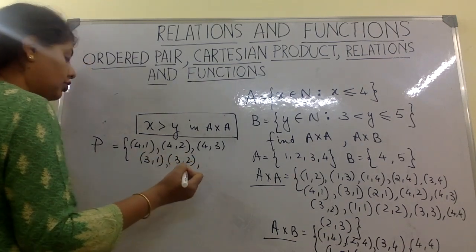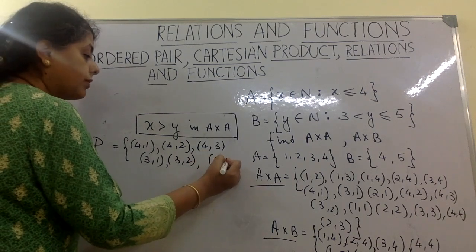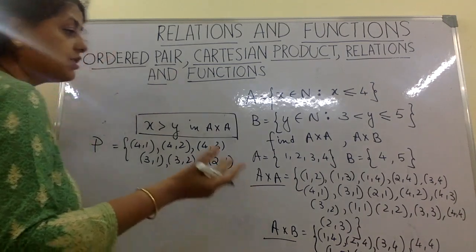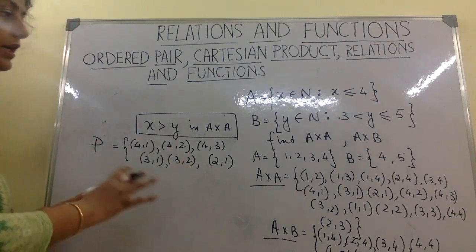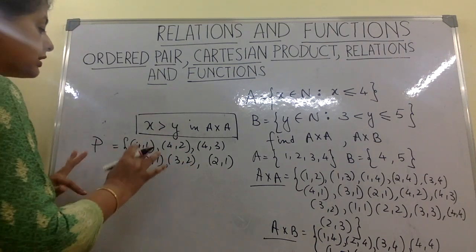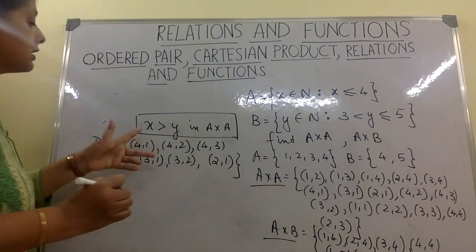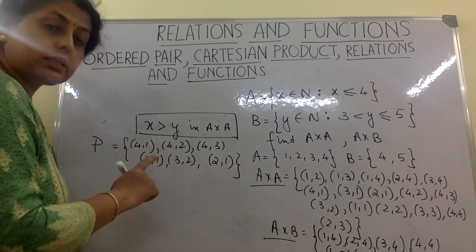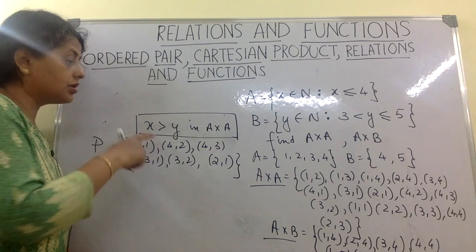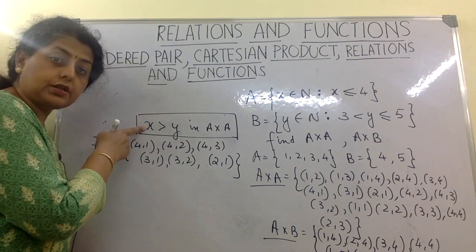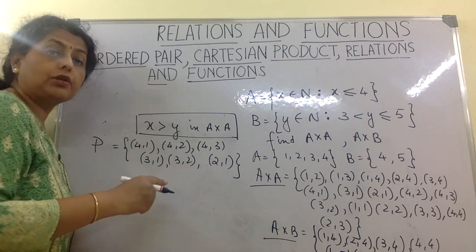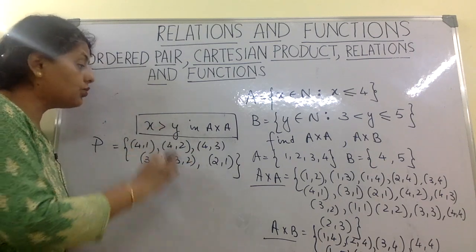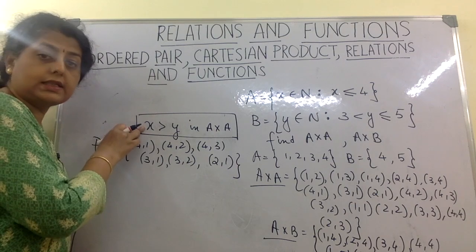I can't take 3 comma 3. Then 2 comma 1. Is there anything else where the first one is bigger than the second one? I don't have anything else. So the relation is this set. In a relation, you will always have to give a condition. The members of the relation, I can call it the relation set, have to follow this condition.